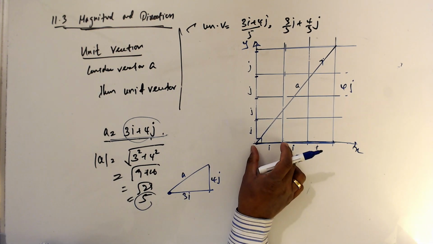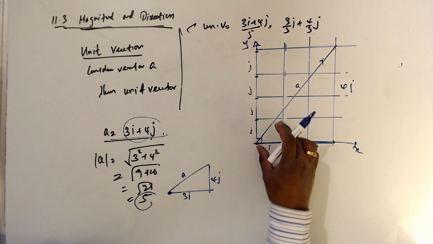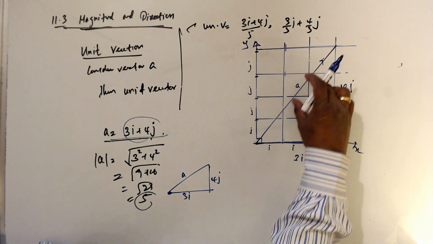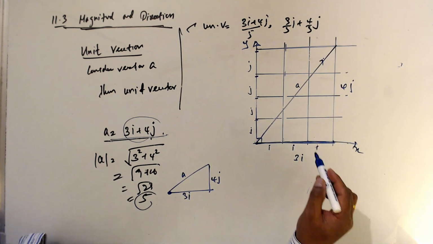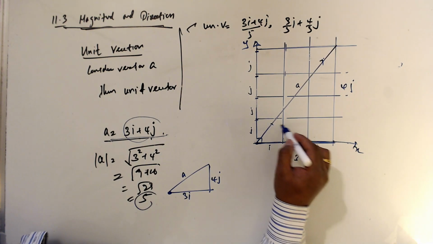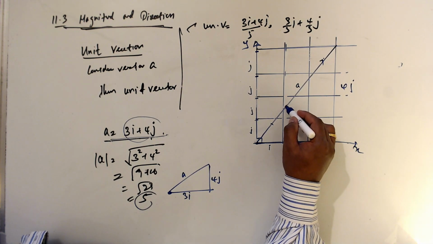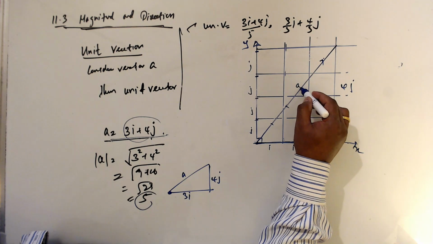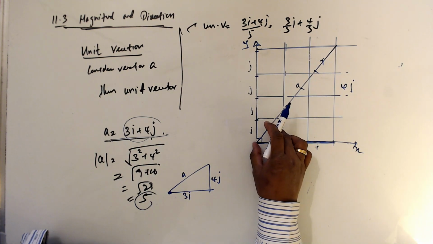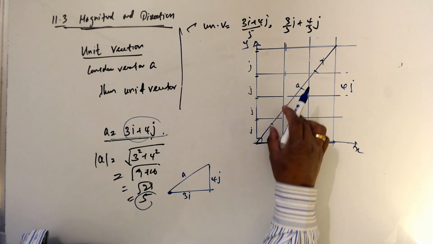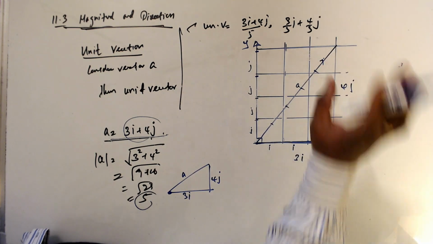If you measure like this, you will see 1, 2, 3, 4, 5. So it has 5 units, the same size.